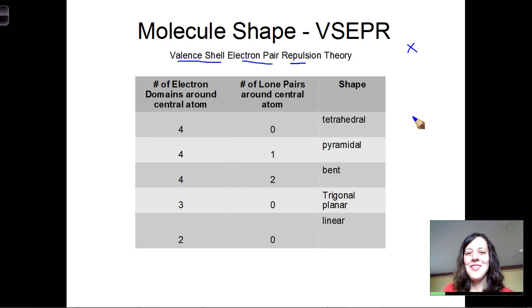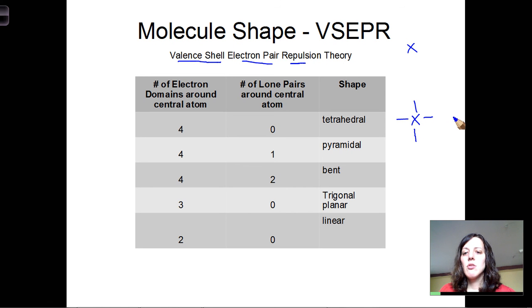If you have a Lewis diagram or Lewis dot structure that has 4 electron domains, so 1 domain, 2 domains, 3 domains, 4 domains, and none of them being a lone pair, that's going to result in this tetrahedral shape, always. So to draw it, I drew it 2-dimensionally.